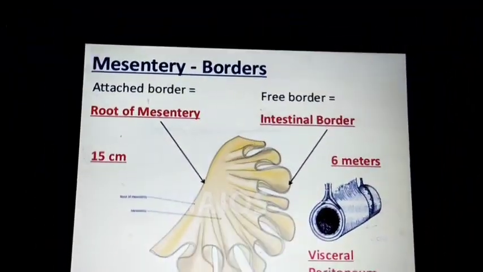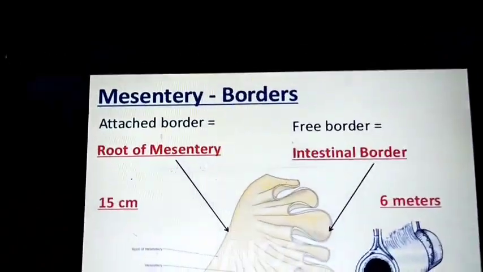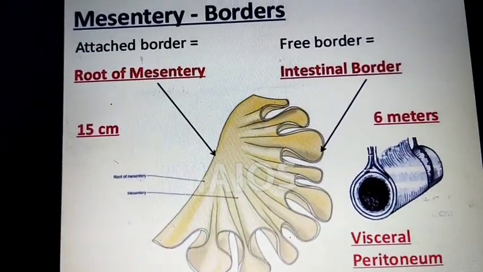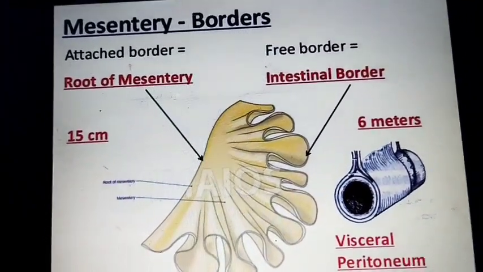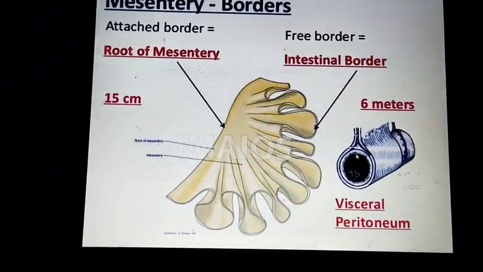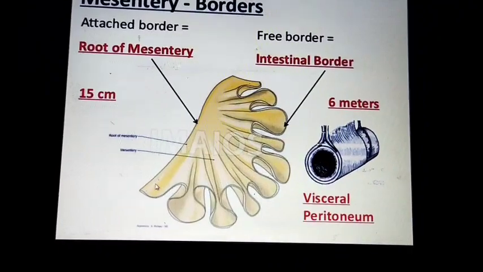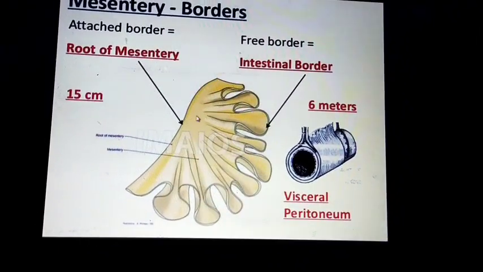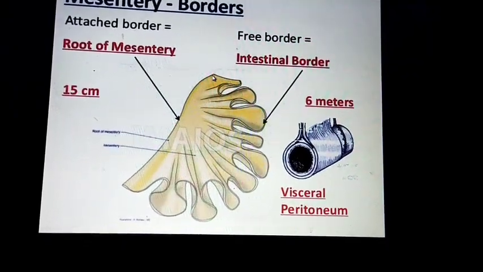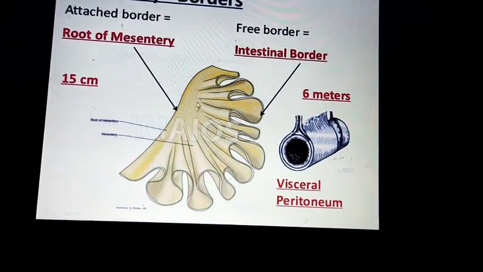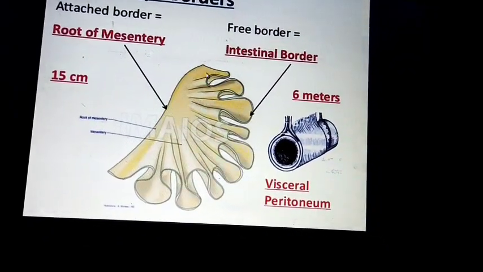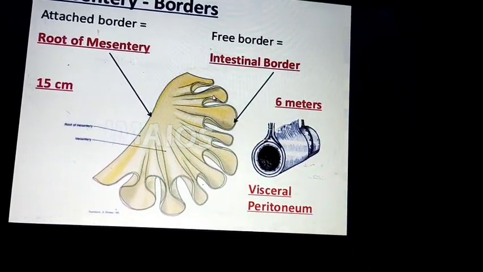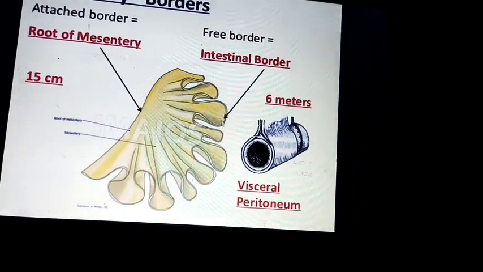The mesentery has two borders. One is the attached border, or fixed border, also called the root of the mesentery or the vertebral part. The other is the free part, where the intestines are suspended or coiled.